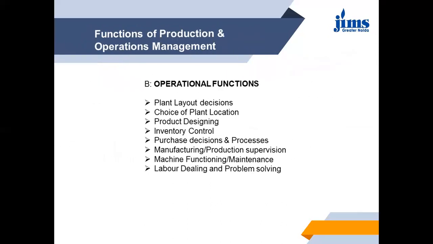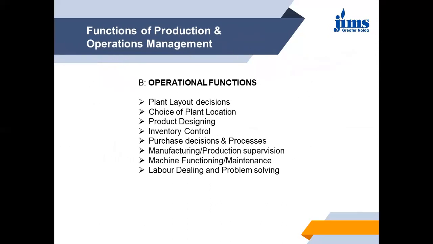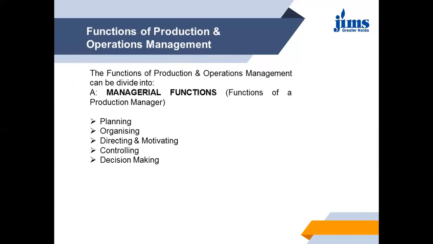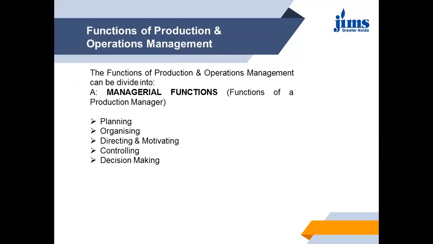And second are routine or operational functions, which we have already discussed in scope of production and operations management, but we will revise them again. So moving on to category A, every production and operations manager has to plan, organize, direct and motivate, control, and make decisions. Now, what is planning?